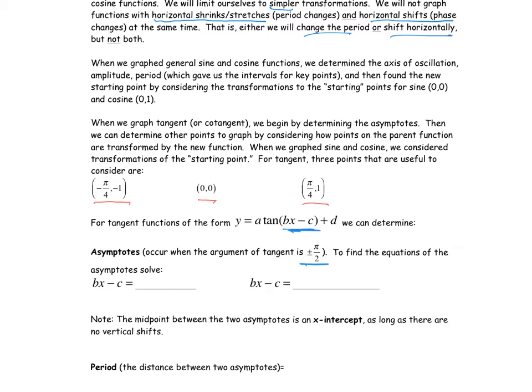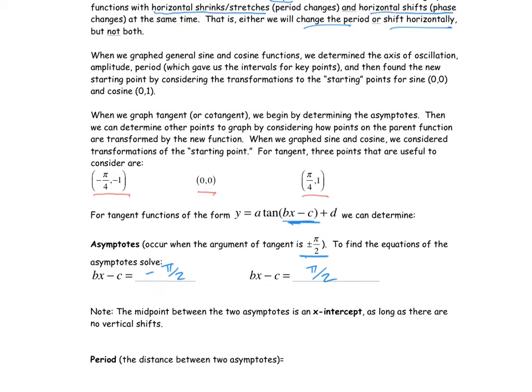So we're going to have vertical asymptotes whenever bx minus c equals negative pi over 2 and pi over 2. If we solve these equations for x, for our given function, we will get the equations for the vertical asymptotes in our specific tangent function around that base period.